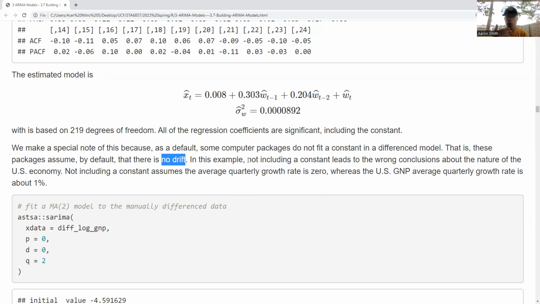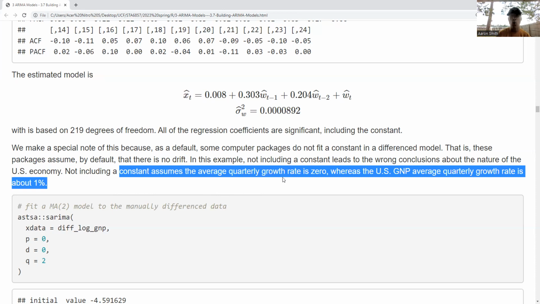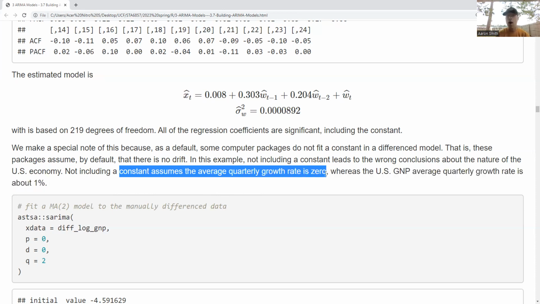In this situation, when we looked at that, we definitely saw a trend. So not including a constant would lead to the wrong conclusions about the nature of the U.S. economy. Not including a constant assumes that the average quarterly growth rate is 0, whereas the U.S. GNP average quarterly growth rate is about 1%.